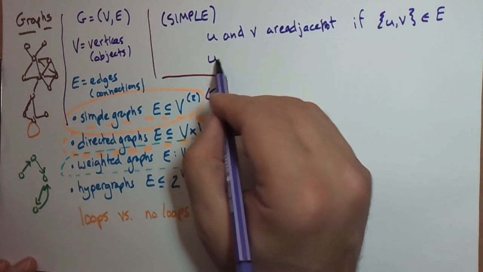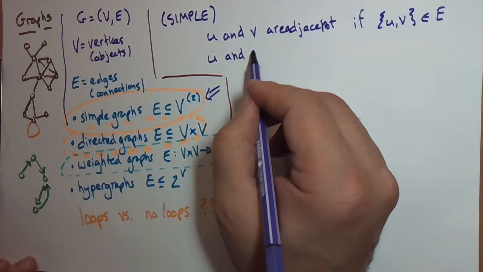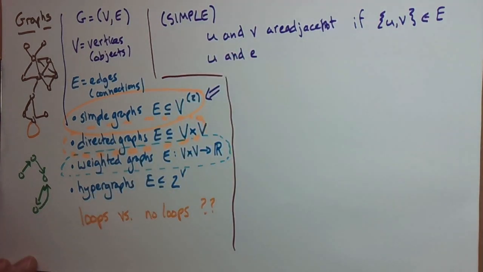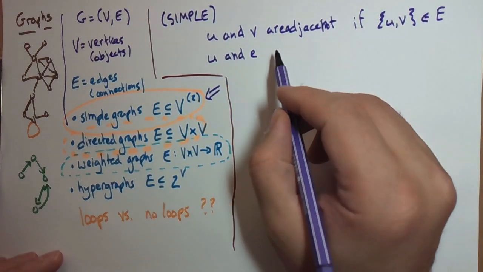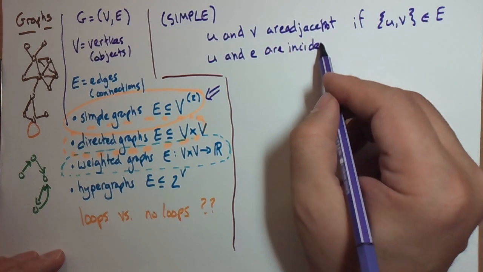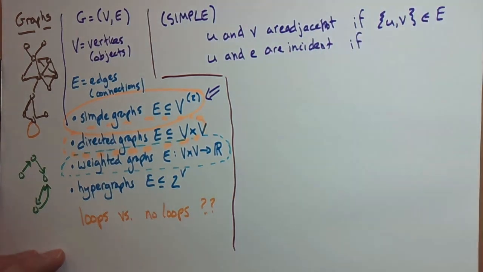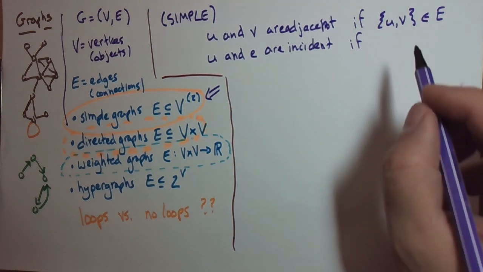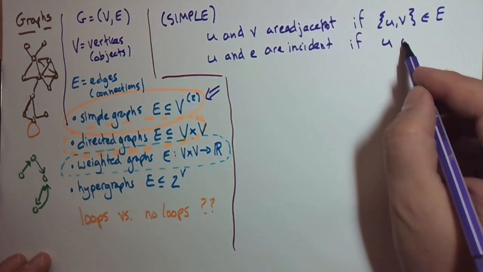Now, U and E. So here, U and V are vertices. We sort of follow the tradition, the part of the alphabet near the letter U and V. Those are vertices. The part of the alphabet near the letter E is edges. Okay, so vertex U and edge E are incident if what is true? That is right.